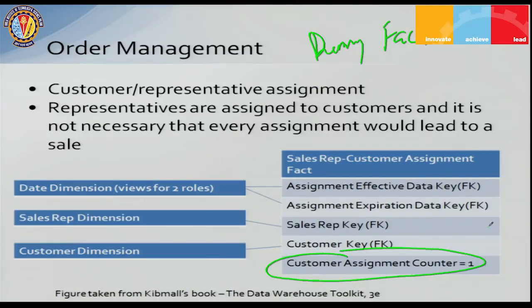The other thing you should note here is that there are two date keys in the fact table, so it is a case of role playing. The date dimension is playing dual roles in this case. And then there are the sales rep and the customer dimensions. So this is how the order management customer sales representative assignment fact looks like, and it's a factless fact table.